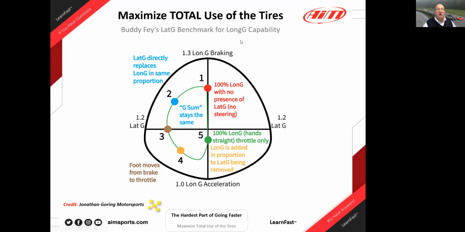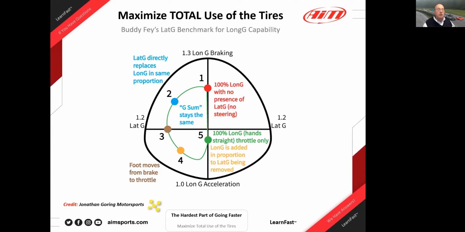The reference to the very top, Buddy Faye's lateral G benchmark for longitudinal capability. This was an observation that the trained engineer, Buddy Faye, who wrote basically the seminal book on data acquisition benchmarking in 1993, Data Power, said basically if you had street tires and your brake system was working properly, you should be able to slow at a very high level, say 1G.